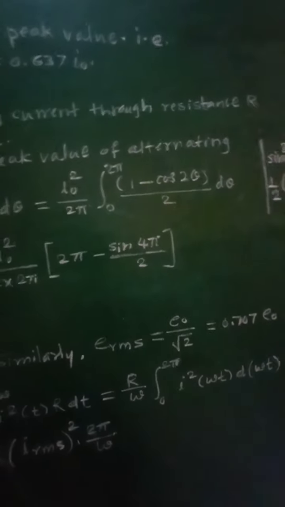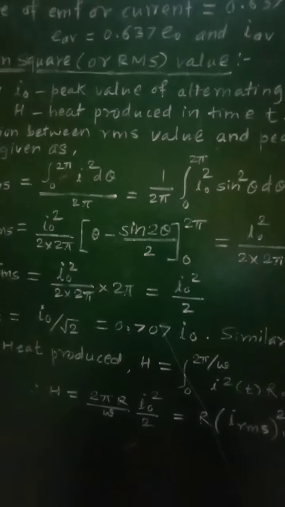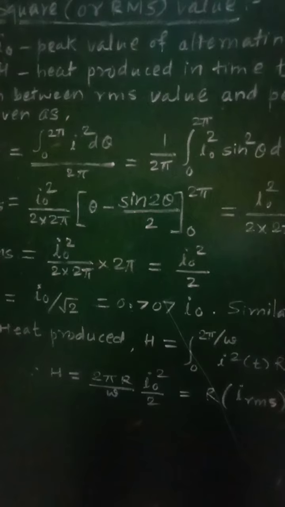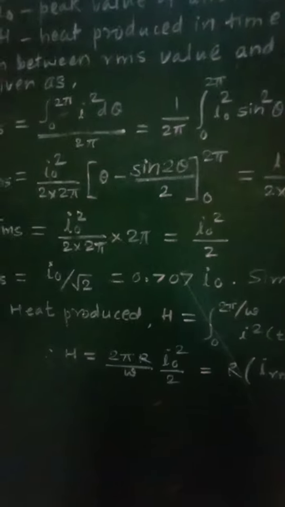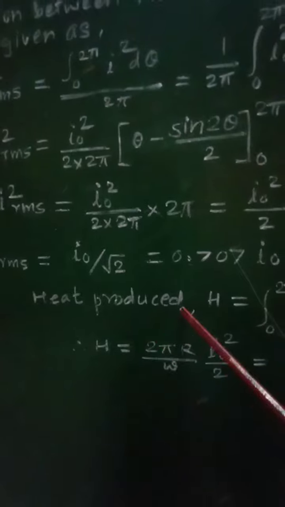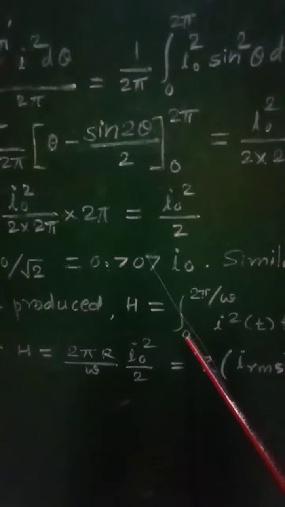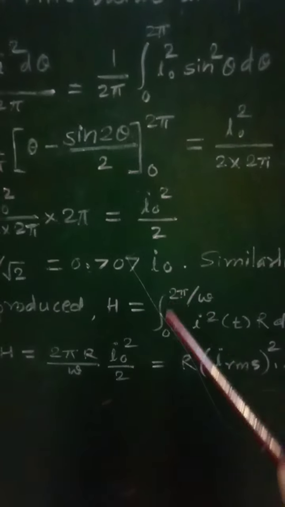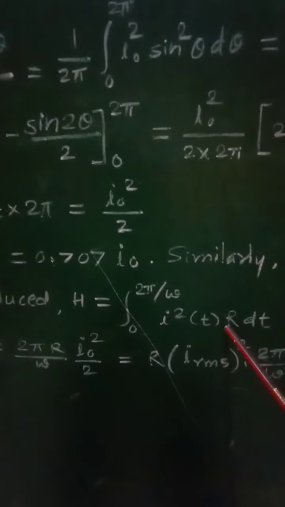Now if you consider the heat produced in that circuit, then the heat produced by the sinusoidally varying AC over a complete cycle will be given as H equal to integration from 0 to 2 pi by omega, that is in terms of time these limiting values are taken, of I square at t into R dt.